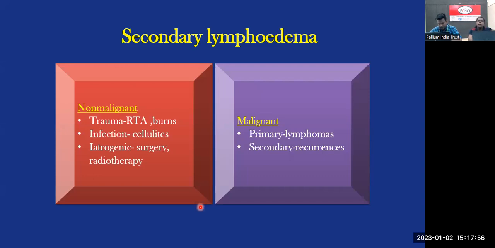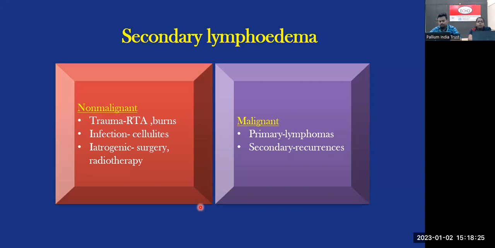Here, non-malignant patients also get lymphedema, for example after a major road traffic accident, because sometimes the major lymph nodes will be affected. Major burns will also affect the lymph nodes. Other causes are recurrent infections and iatrogenic causes, like surgery and radiotherapy.